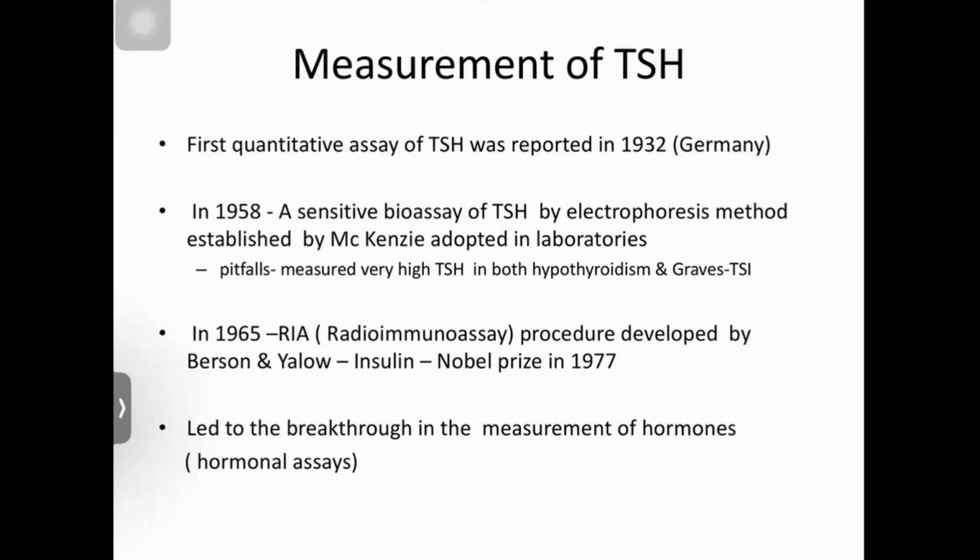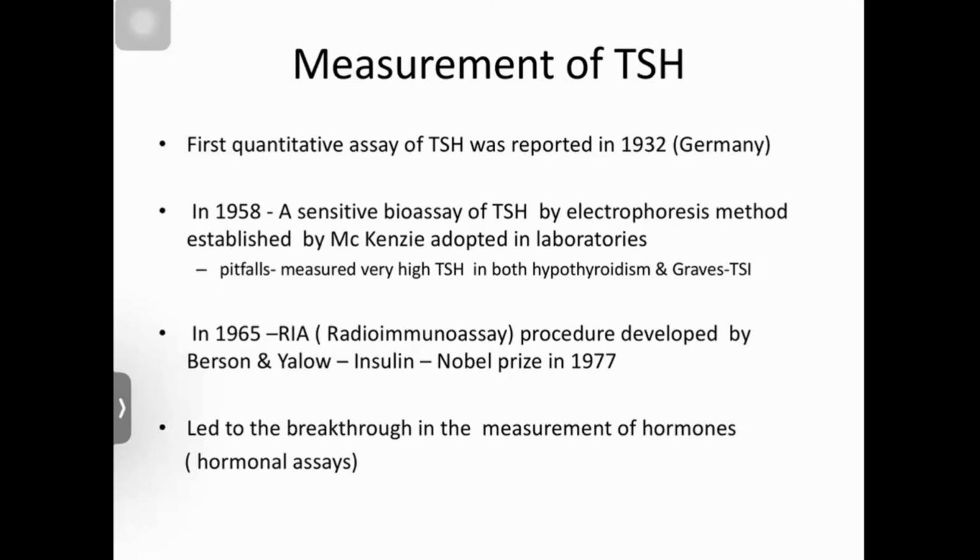They did not have the facility to know whether this molecule that was moving across the electric field in electrophoresis was actually a TSH molecule or a TSI, a thyroid stimulating immunoglobulin. So every high TSH could be seen in hypothyroid as well as in Graves' disease at that point of time in 1958.